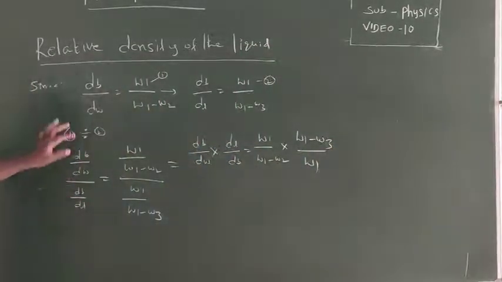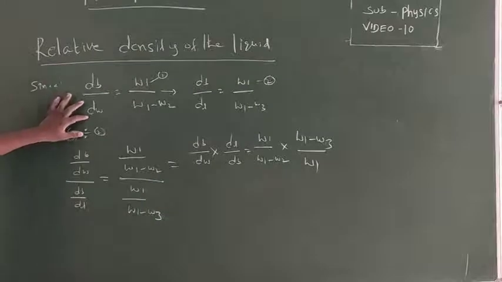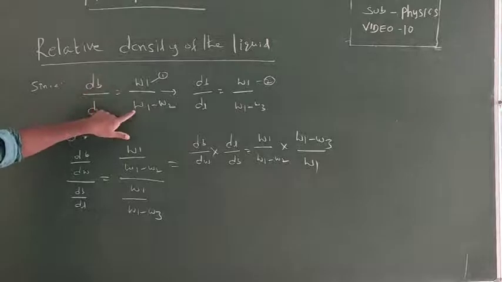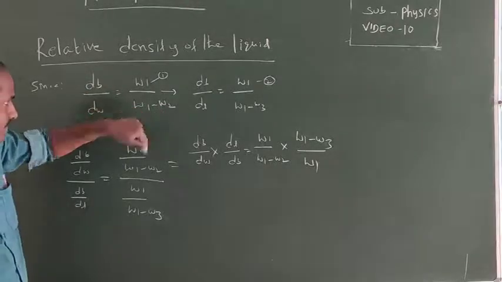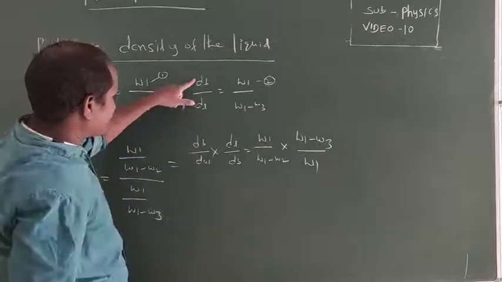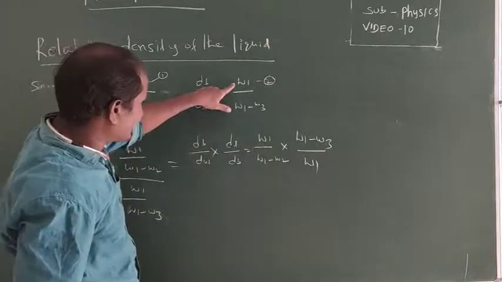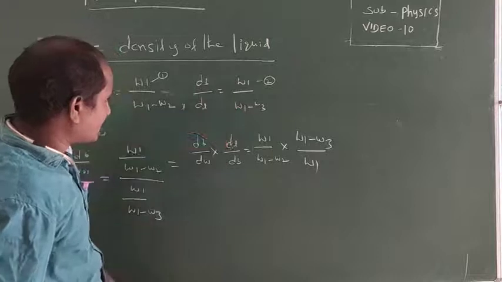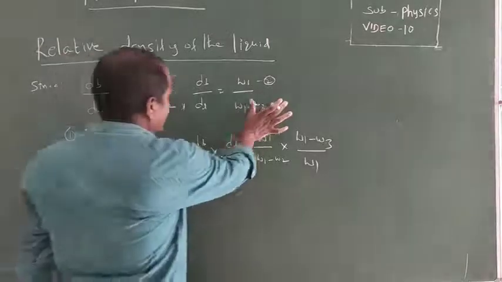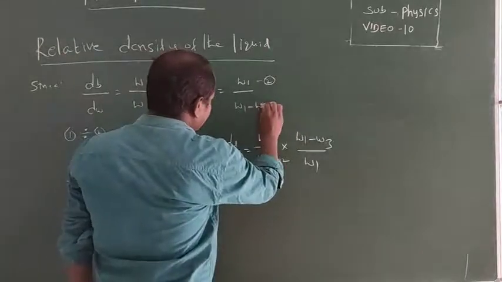Listen. Density of the body by density of the water equals weight of the body divided by weight in water, W1 by W1 minus W2. At the same time, density of the body by density of the liquid equals weight of the body divided by weight in a liquid, not water, that is W1 by W1 minus W3.